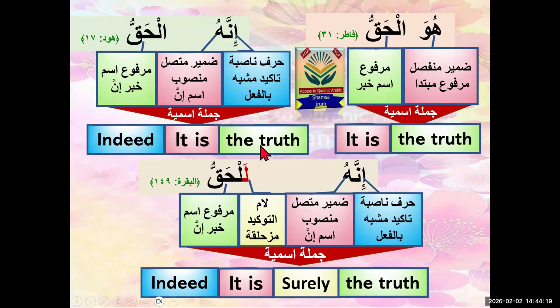Indeed it is the truth. And in the third part, there are three types of emphasis. The first is inna, the next is lamu tauqeed, the third is that the khabar of inna is definite. So it means indeed it is surely the truth. Indeed is the first part of the emphasis, surely the second part, and the truth is the third part.